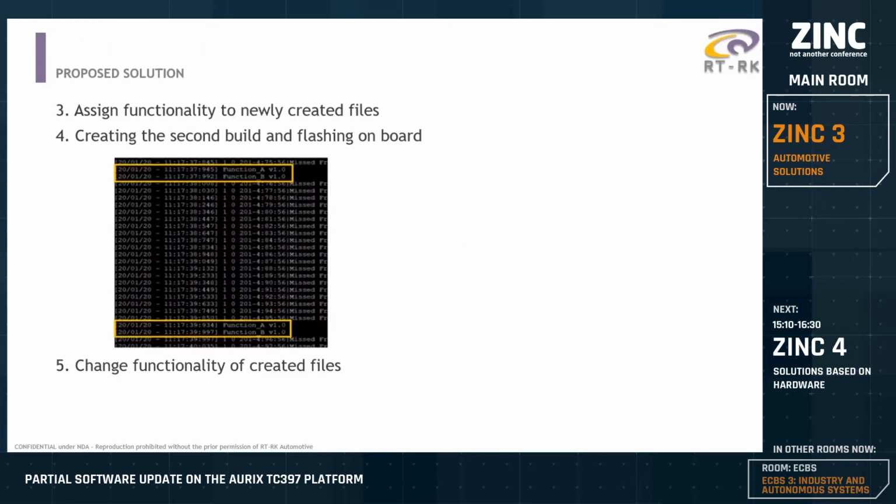Then, in the next step, a function for printing the data on the serial interface is implemented within the empty .c files. One C file is used for function A and the other one is used for function B, while the necessary .h files are included.